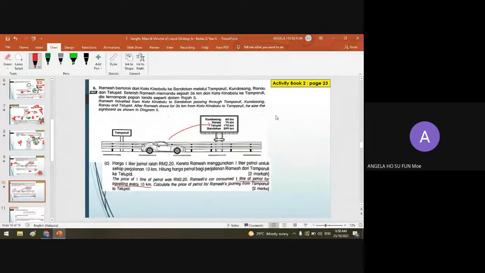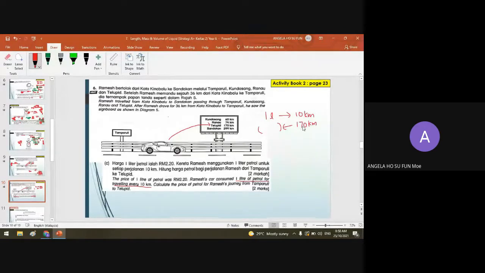Okay, 1 liter of petrol, I can travel 10 kilometer. If now I need to travel from Tampaluri to Tulupit, that is 170 kilometer, how many liters of petrol do I need to use? Very easy. You can see from here, 10 times what?